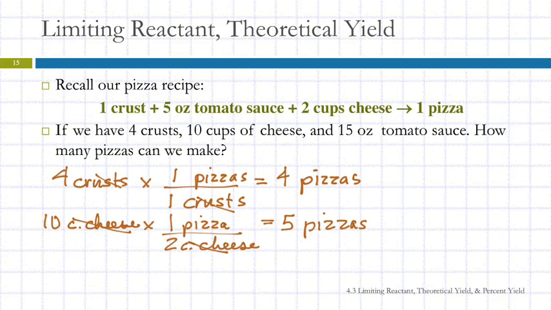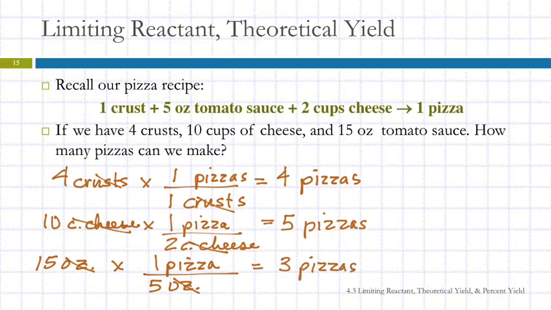The other ingredient is the tomato sauce. So 15 ounces of sauce. The ratio is 1 pizza requires 5 ounces of sauce. So you do that and you end up with 3 pizzas.